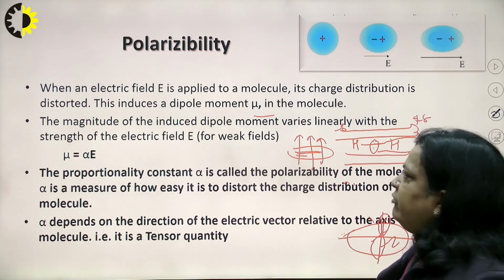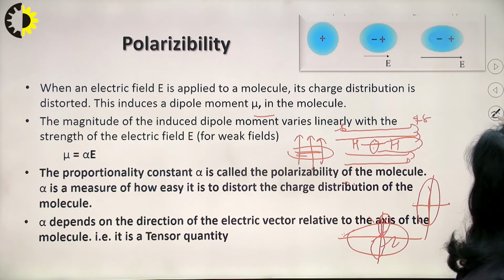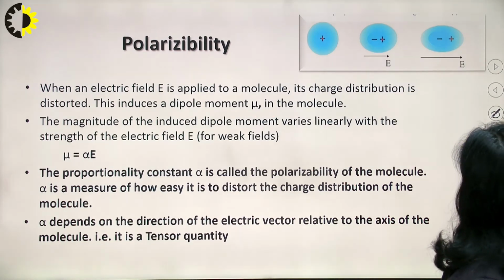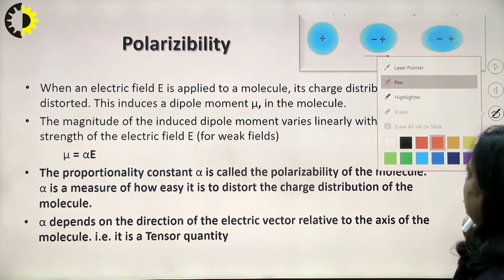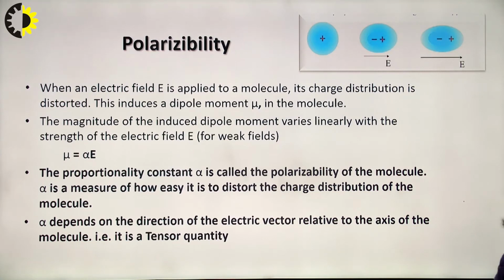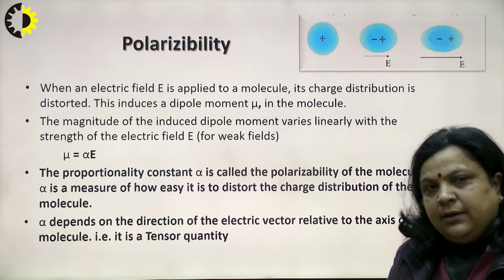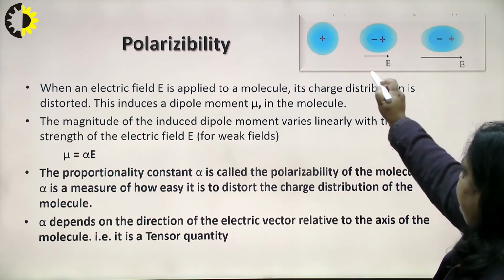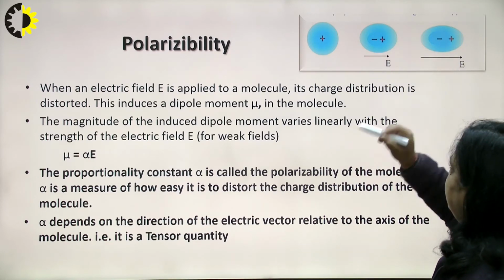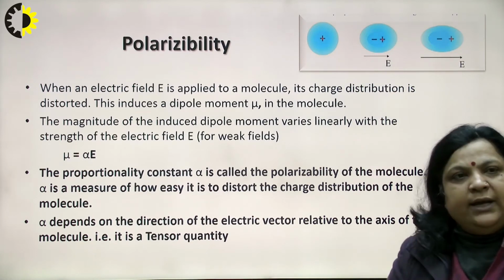The magnitude of the induced dipole moment varies linearly with the strength of the electric field, because we can easily say that the distortion depends on the electric field.